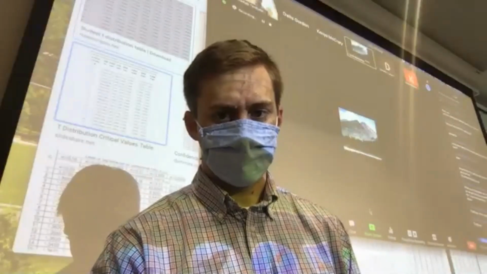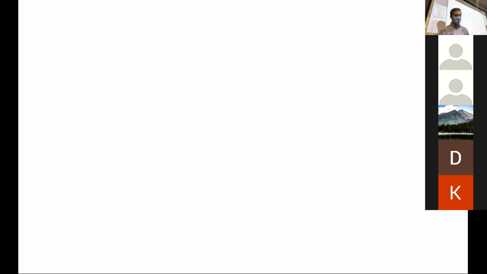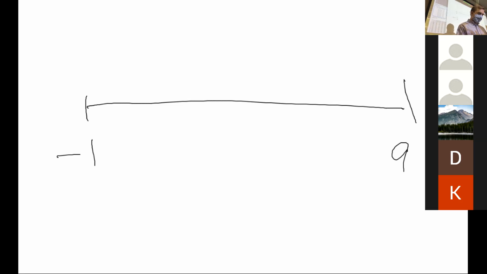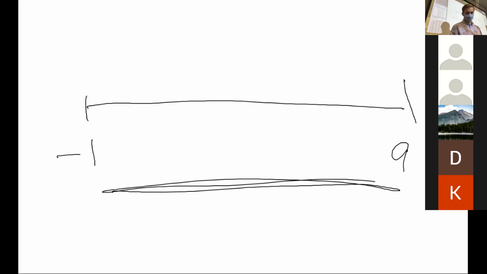So does that mean that anything that falls within this interval, we fail to reject the null hypothesis? What we're seeing in that range from -1 to +9 is that we can be 95% certain that the true difference between those groups falls somewhere in between these two.